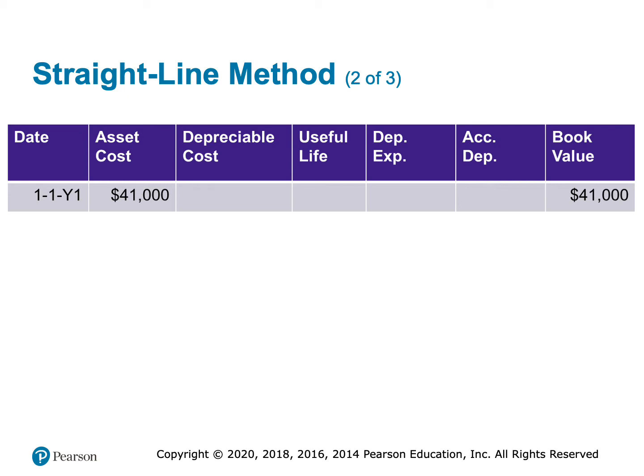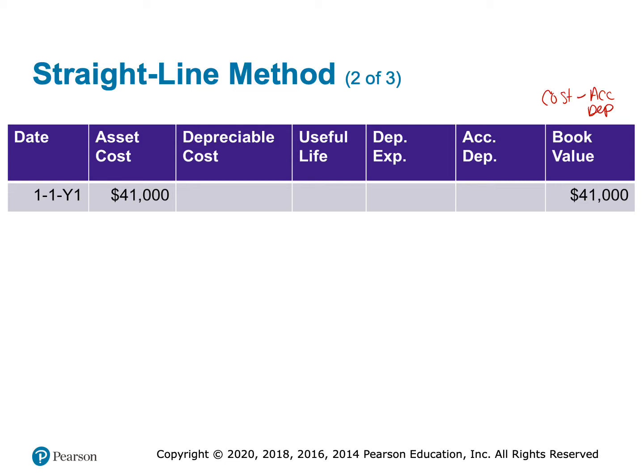So if you remember, the book value, we talked about this back in chapter 3, is the cost minus the accumulated depreciation. This is how the asset will appear on our balance sheet. Remember, we list the asset at its cost, and then we subtract the accumulated depreciation, that contra asset, and that gives us what we call the net book value, or just the book value.